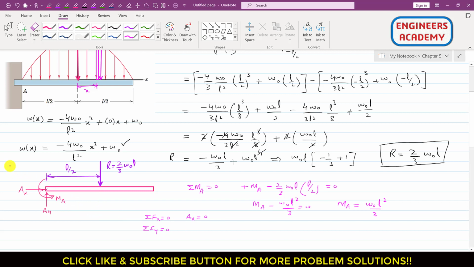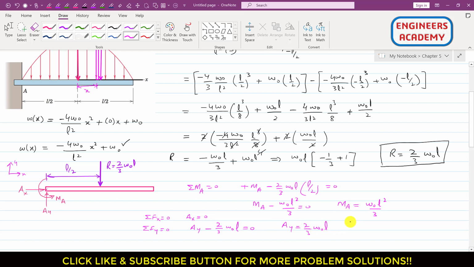This is, if this is our positive x and y direction that we have defined already, right? So Ay is acting in the positive y direction and this R is acting in the negative y, so I will write minus R, and R magnitude is equal to 2 divided by 3 omega naught L equals to 0, or we can say that Ay is equal to 2 divided by 3 omega naught L.